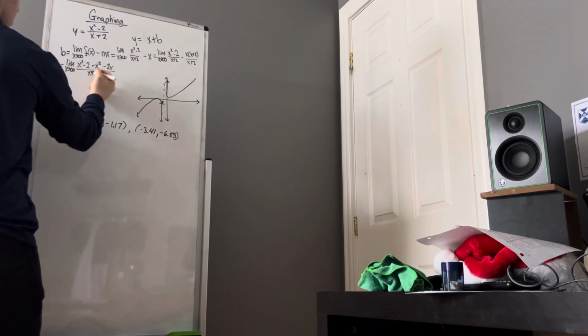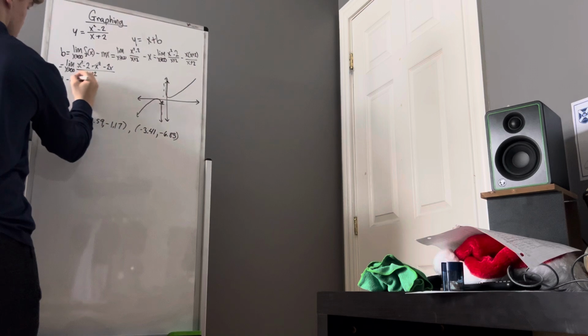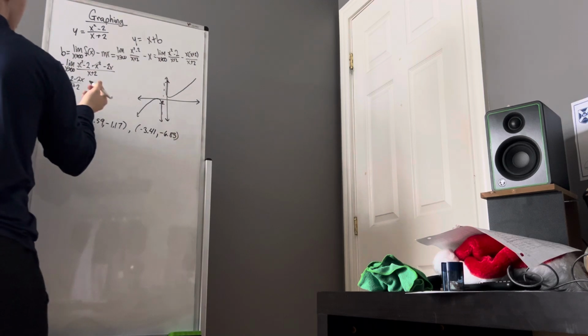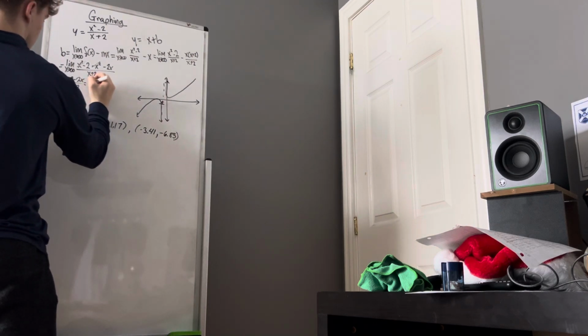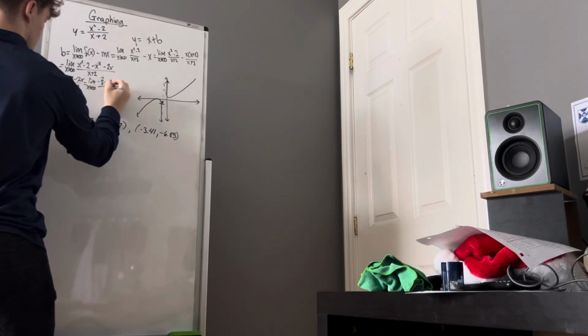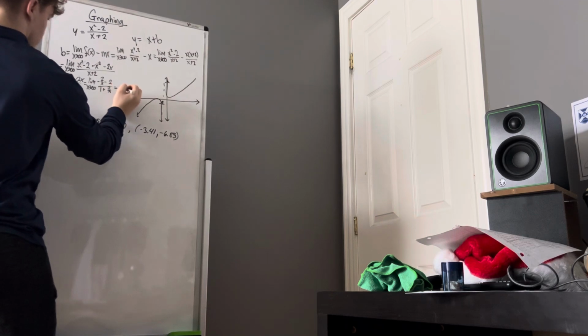These are going to cancel. Negative 2 minus 2x over x plus 2. We divide everything by x on the top and the bottom. We get the limit as x approaches infinity for negative 2 over x minus 2 over 1 plus 2 over x, and that's negative 2.